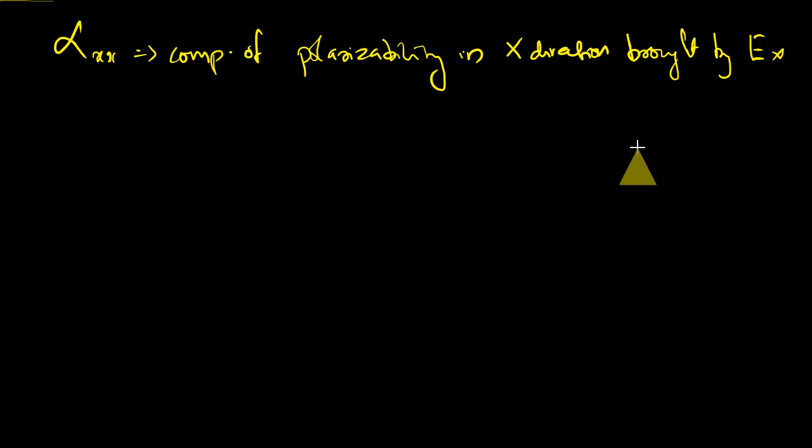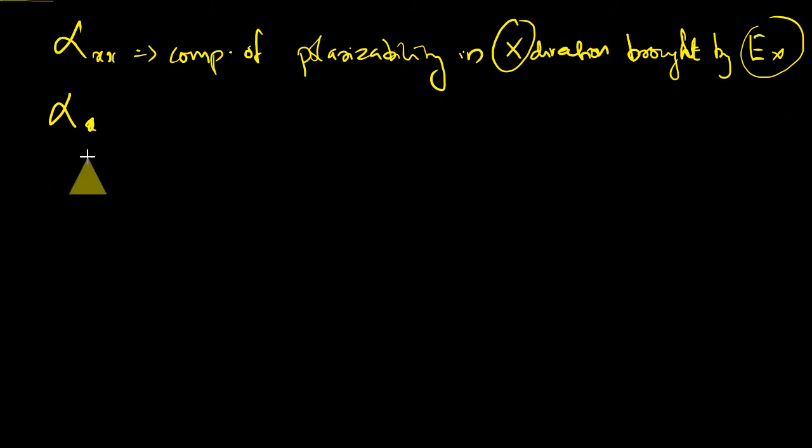So alpha xx is the component of polarizability in the x direction, brought by the electric field component in the x direction. Like that, the component of polarizability in the x direction is also brought by the electric field in the y direction.